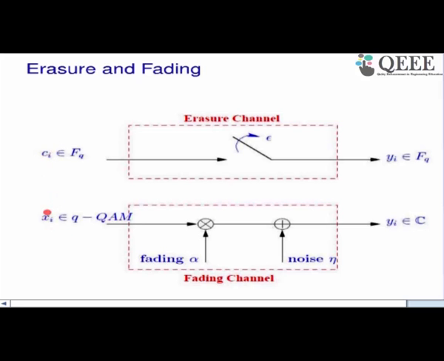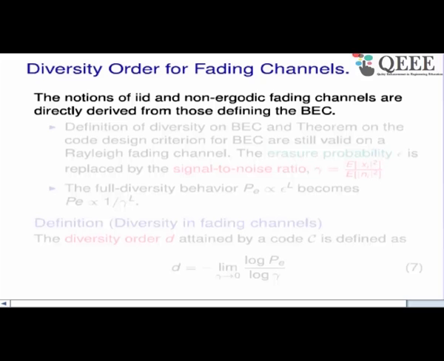In contrast, in a fading channel, instead of a code word you transmit a symbol from a constellation, here a QAM. The symbol is multiplied by an attenuation alpha, and after that white noise is added, and that's what you receive. Okay, so you can visualize the two channels entirely differently.